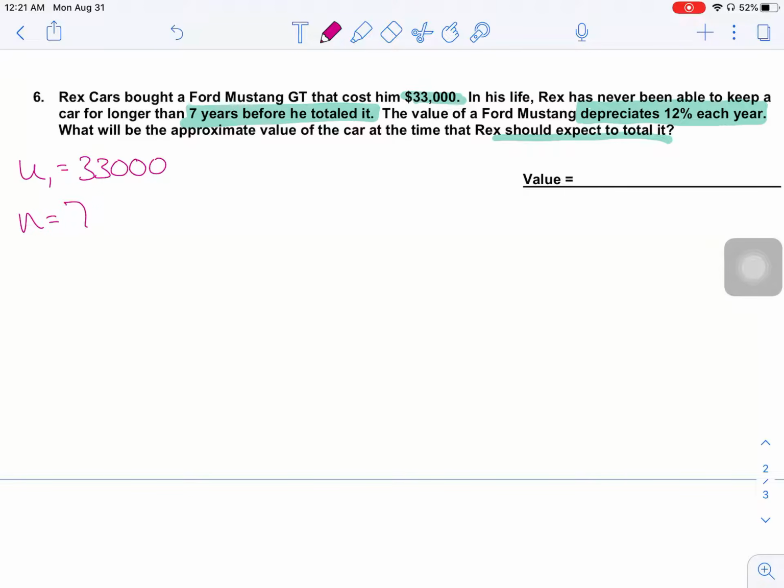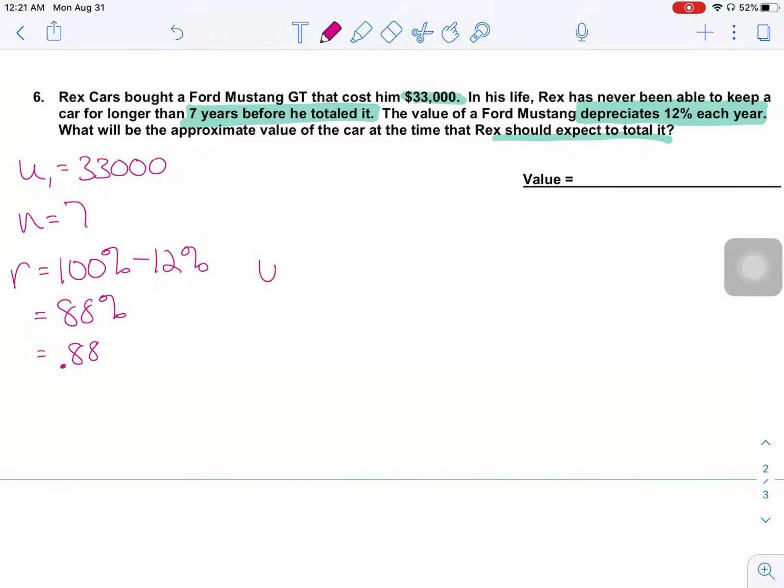It's depreciating. So our R value is going to be the value of the car, 100%, whatever it is now, minus how much it is depreciating. In this case, it's 12%. So 100% minus 12% is 88%, better known as 0.88 in decimal form.